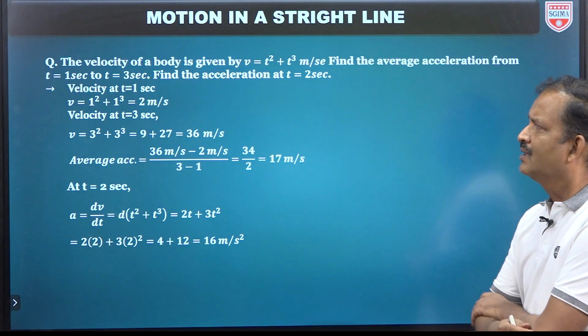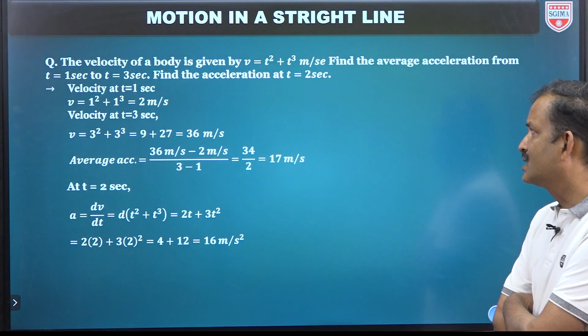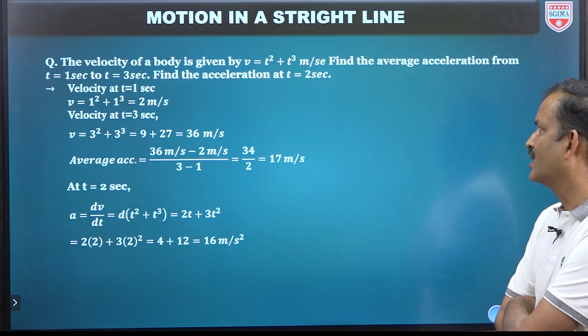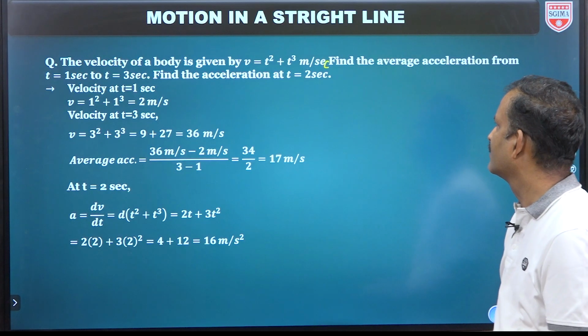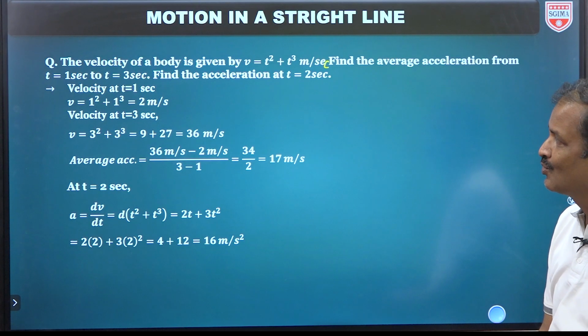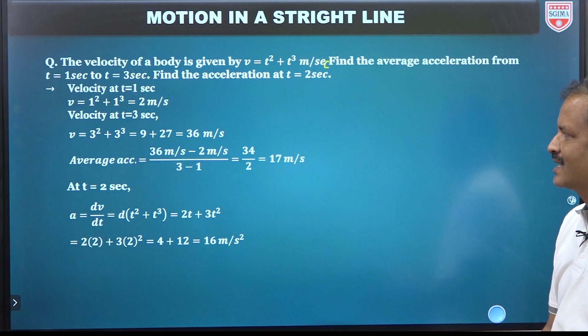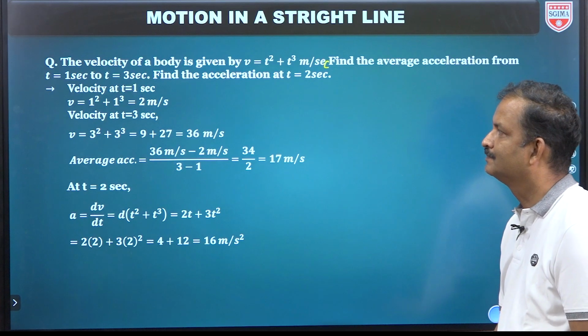Suppose, for example, the velocity of a body is given by v equal to t square plus t cube meters per second. Find the average acceleration from t equal to 1 second to t equal to 3 seconds. Find the acceleration at t equal to 2 seconds.